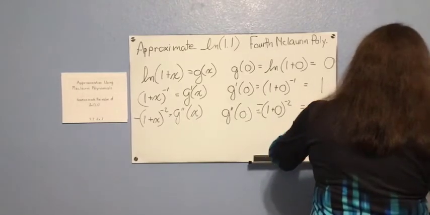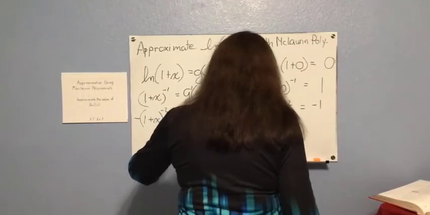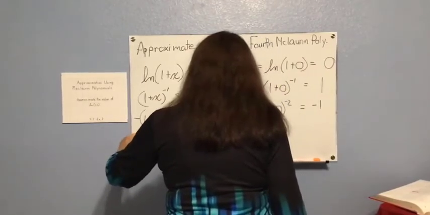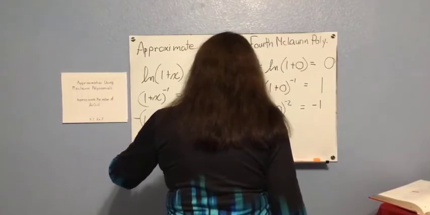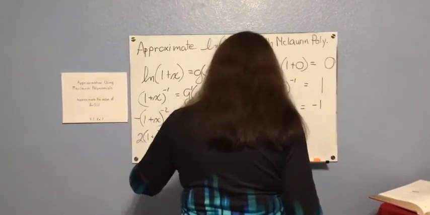So this would be negative 1. Okay, third derivative. It's going to be 2 times 1 plus x to the minus 3.